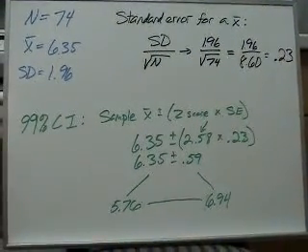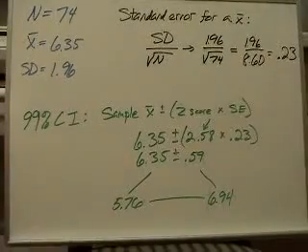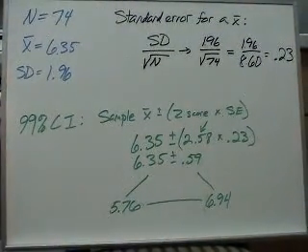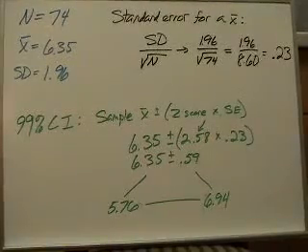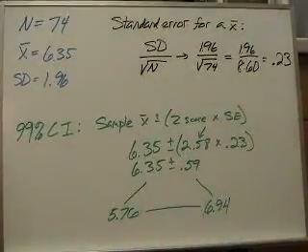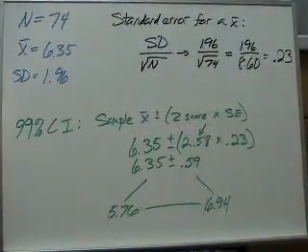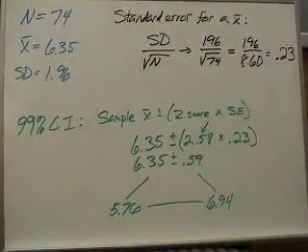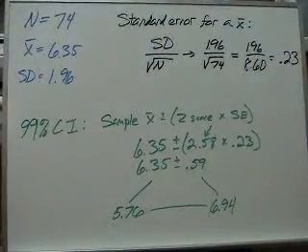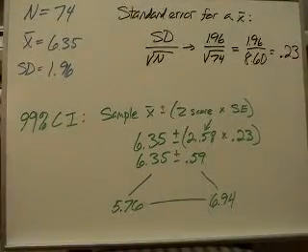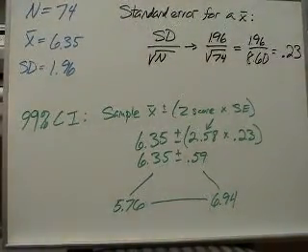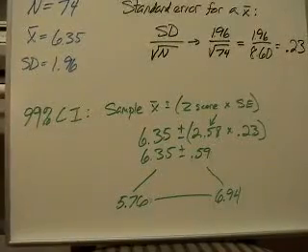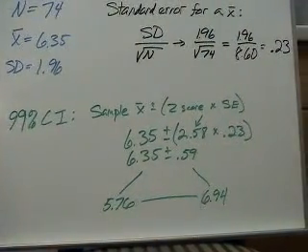All we're going to change is, if you look at the writing in green, since we're looking for a 99% confidence interval, we still take our sample mean plus or minus the product of the z-score and our standard error. But since we're looking for a 99% confidence interval, the selected z-score changes from 1.96 to 2.58, where the arrow is. And you multiply that times, again, your standard error of 0.23.